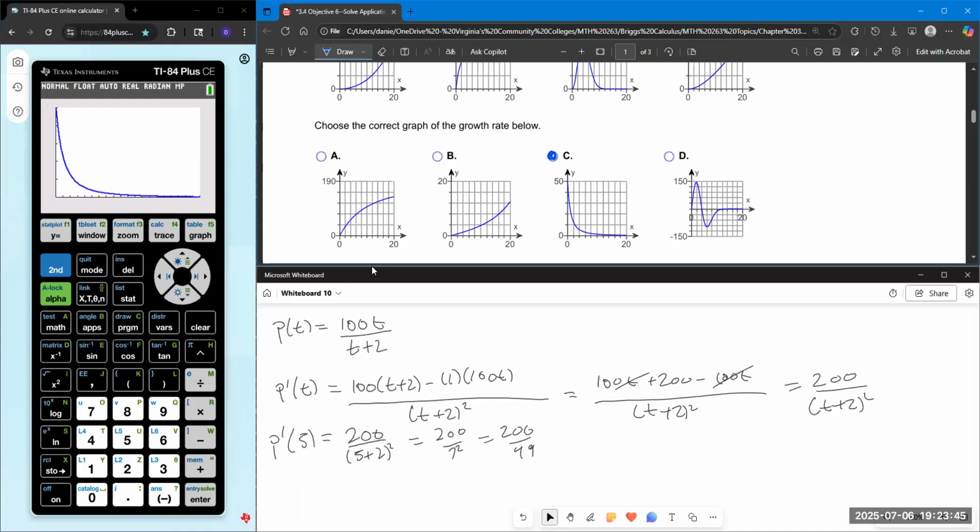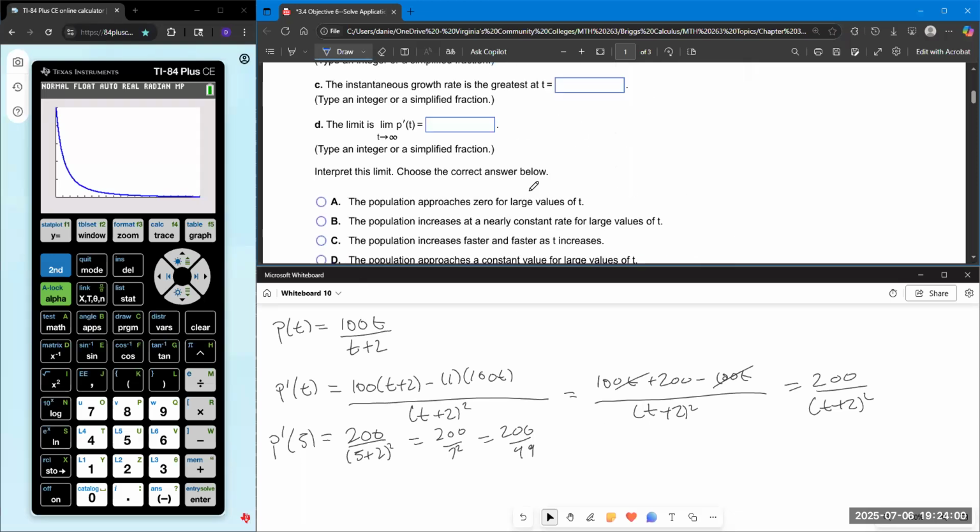So it's greatest when t is 0 right here, and it has a value of 50 there. So that's P prime of 0 equals 50.